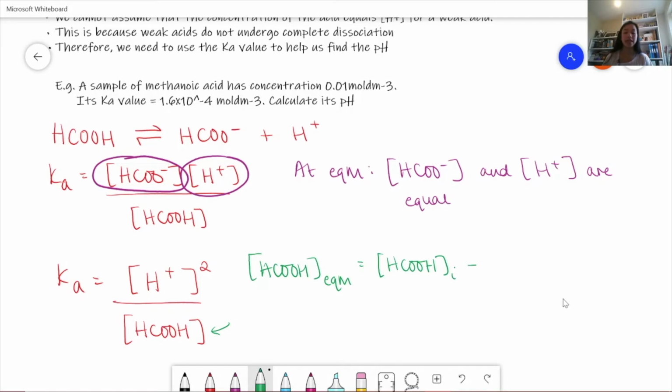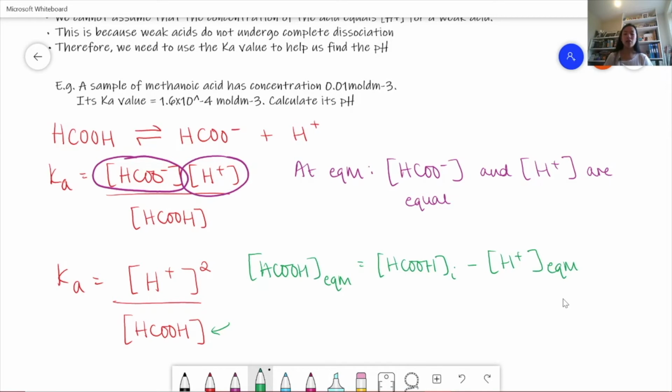And then minus this concentration of H plus at equilibrium. And so how we think about this is like we did with equilibrium moles. So to get the concentration of something that we don't know at the end, we have to use the ratios between the different species and then try and work it out.